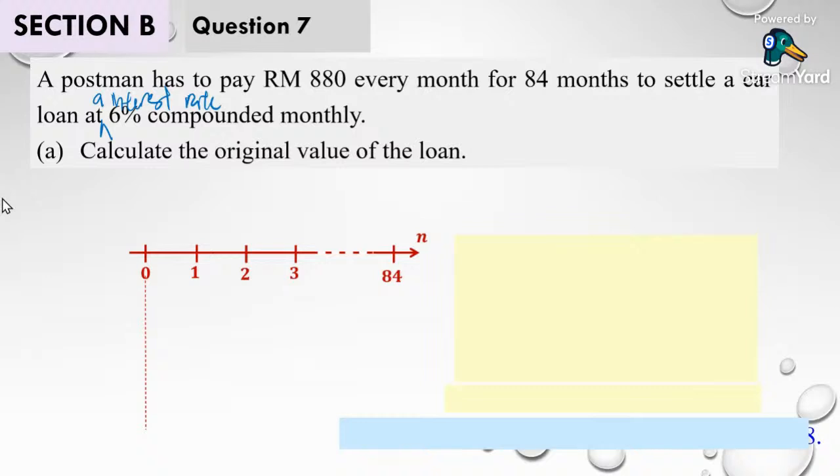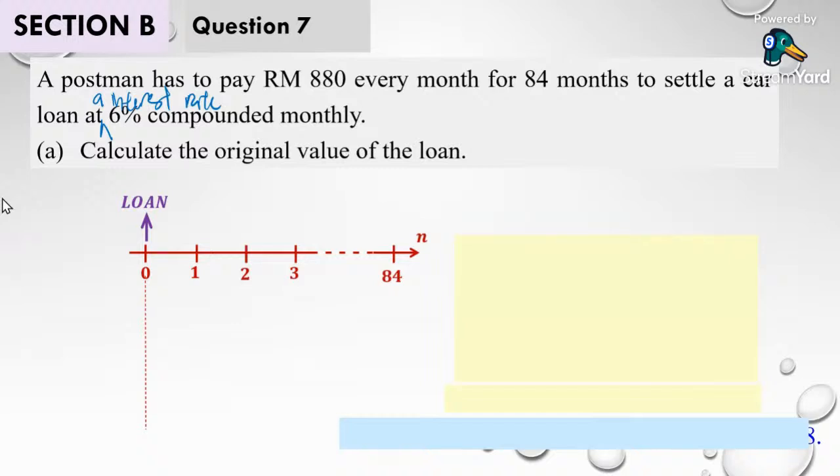Let us try to understand the story of what is going on here using a timeline. In this question, a postman is taking a loan and needs to make a regular repayment of 880 every month for 84 months. The interest rate charged is 6% compounded monthly. We want to find the amount of the loan. First of all, at the present value, he got the loan.